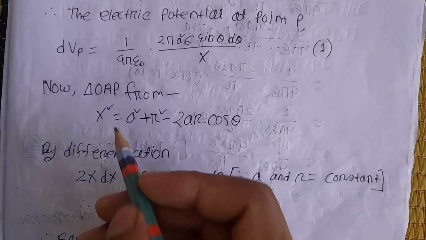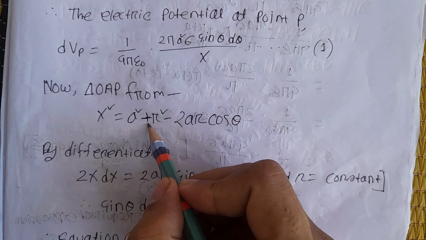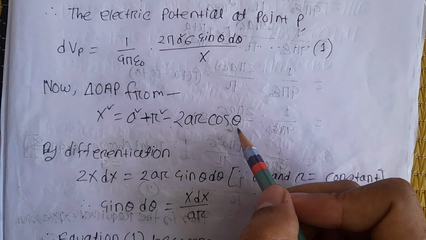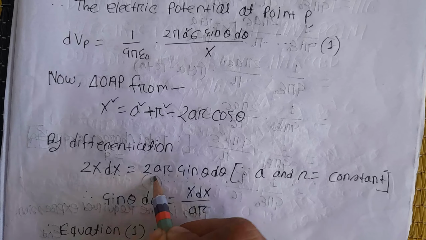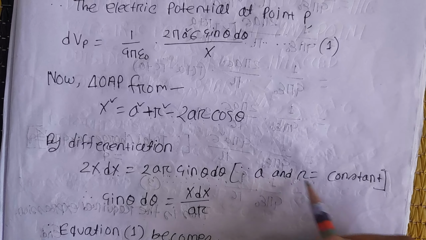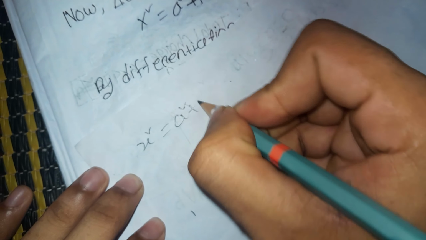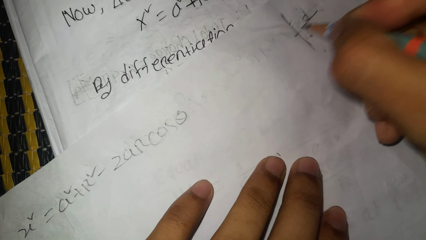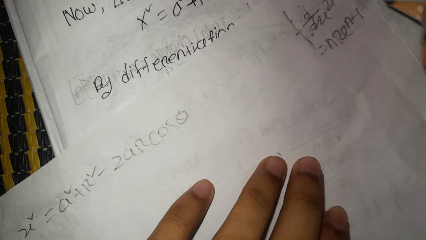Now in triangle OAP, x square equal a square plus r square minus 2ar cos theta, applying the cosine rule. By differentiation, 2x dx equal 2ar sin theta d theta, because a and r are constant. We know d by dx of x to the power n equal n x to the power n minus 1.